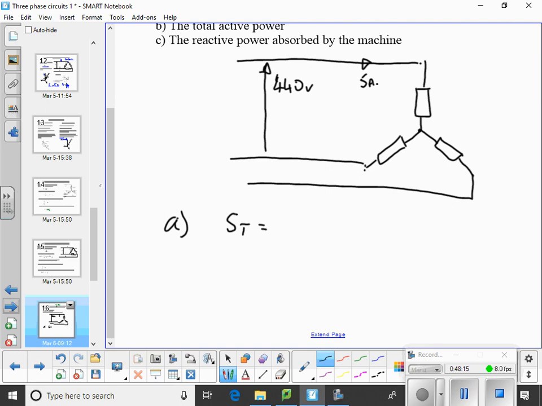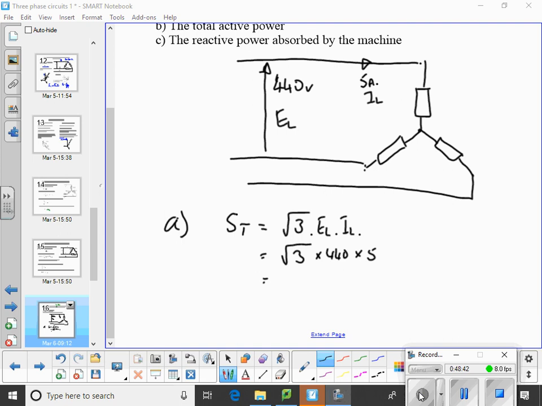We've got line voltage, EL, and we've got line current. The answer is 3.8 kVA. Near enough for us.